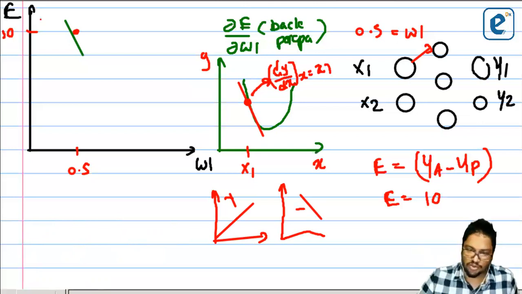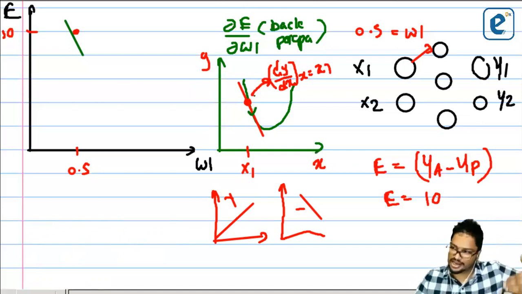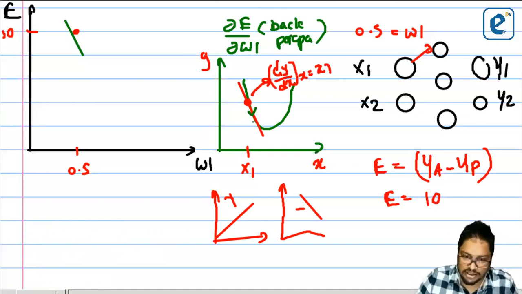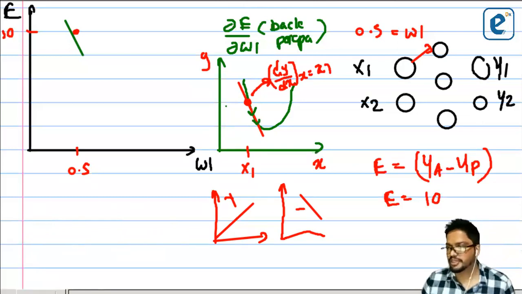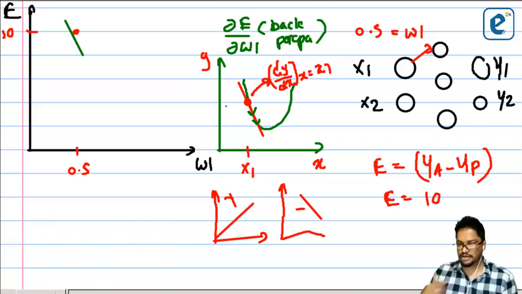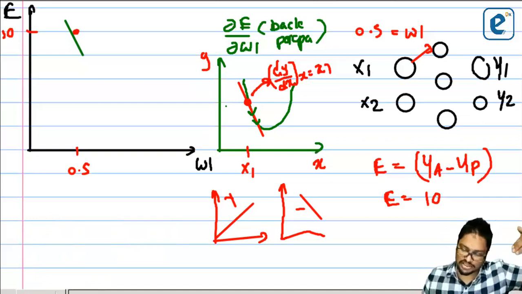The curve is coming down, which means the gradient is negative, meaning your graph is coming down.